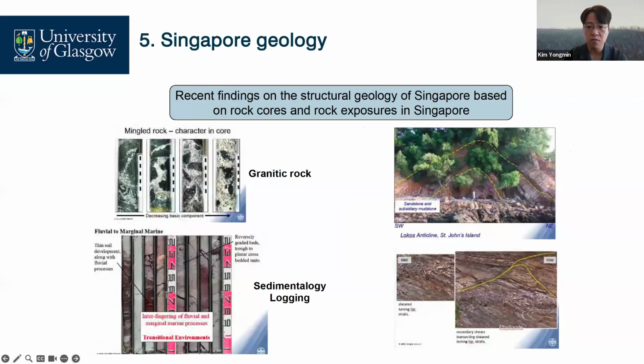A subdivision of the Bukit Timah granite into 7 new units and a revised understanding of the evolution of the bedrock geology of Singapore with better constraint of the ages of the depositions and deformations. And also we have a major step change in the understanding of the geology of Singapore.